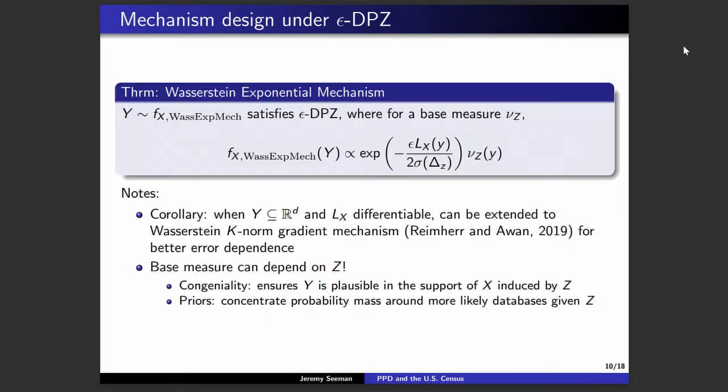So instead of, say, producing a negative count and having to edit it ex post facto, we could choose a base measure over all databases that conform to non-negative counts and agree with a collection of, say, private summation queries. The choice of this base measure could not only incorporate this congeniality with public information, but also prior information, becoming a bit of a modeling problem in terms of the degree to which public information tells us something about the distribution of X, which could be probabilistic.